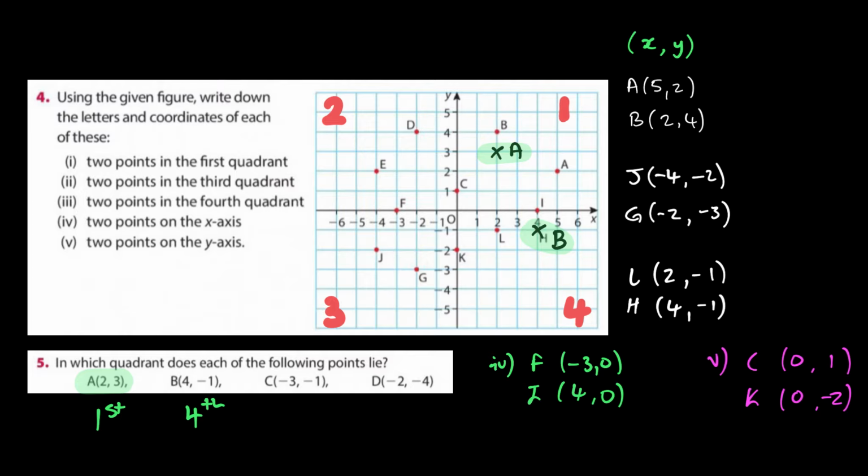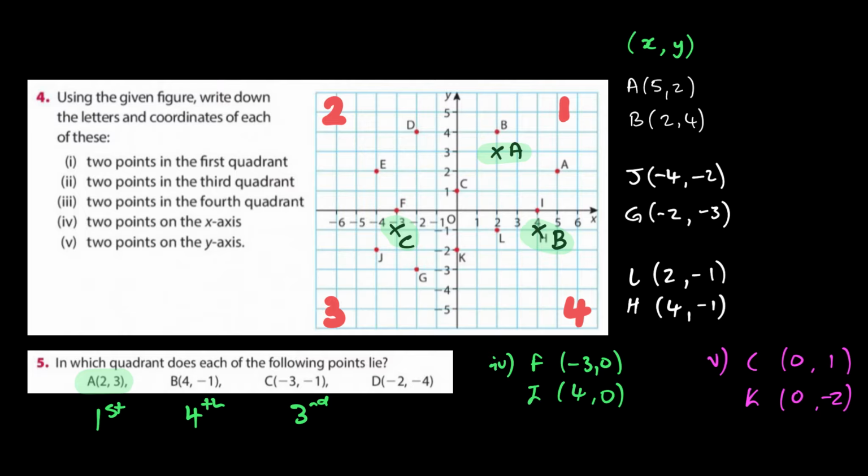For point C, it's -3, -1, which falls here. So that there again is going to be in the third quadrant. My answer there for that one will be the third. And the last one there is -2 and -4.